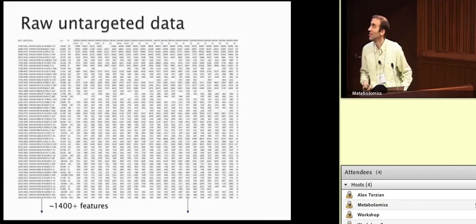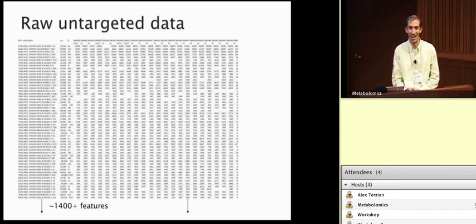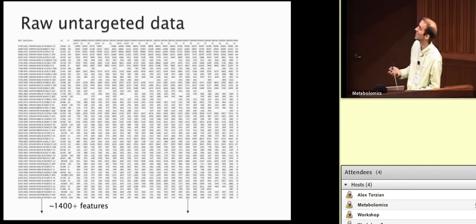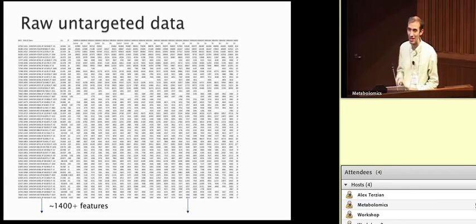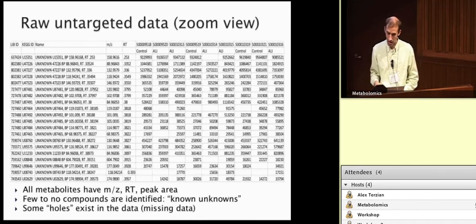And this is what the data looks like when you get it out of the unbiased metabolomics platform, except it's much, much larger than this. 1,400 plus features. So what are you going to do when you get something that looks like that? Well, that's the power of the computer and the algorithm that we use, and we'll even teach you a little bit about how to use on your own.